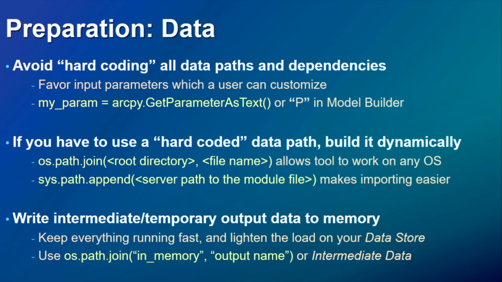So as this tool is running, remember, you don't have to commit all the output to a file as it runs. And that'll help lighten the load of either the federated server that's hosting those services or that data. And it might even make things go a little bit faster. A lot of times our server machines have a lot more RAM on them than our laptops or tablets or things like that. So make use of that memory. It'll help you out.